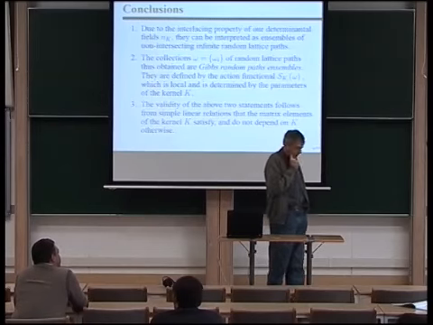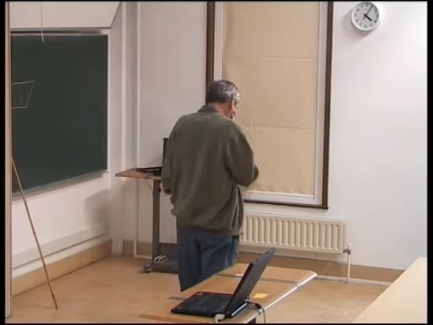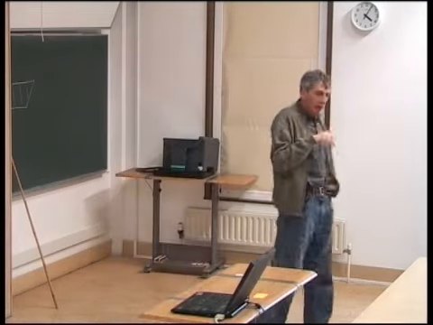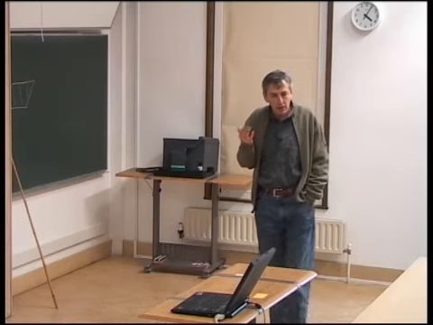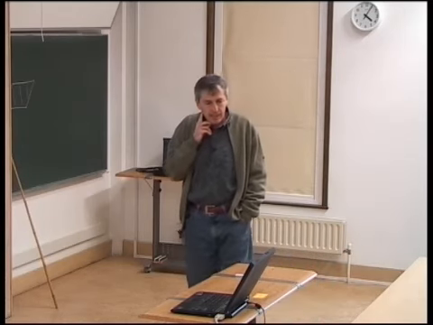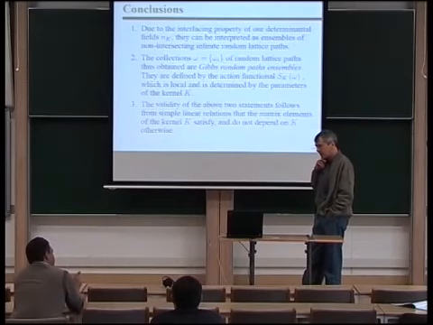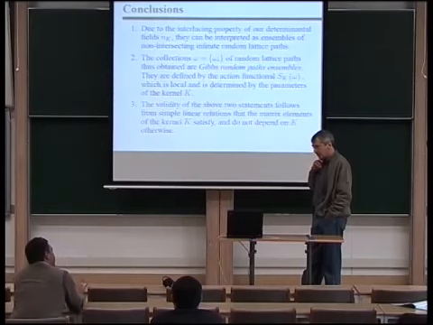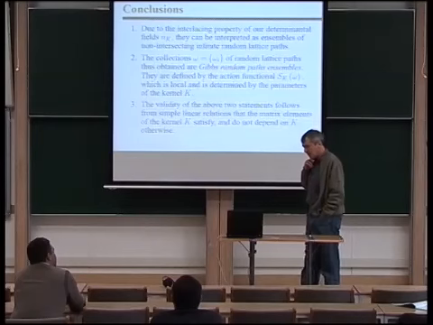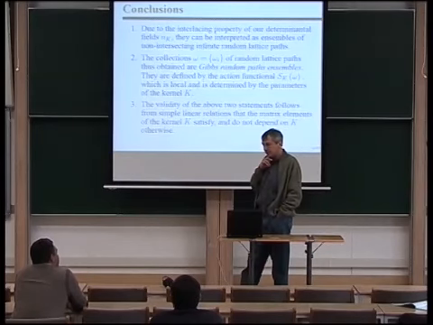Is it correct that the measures that you are getting in that way are Gibbs measures? Yes, that follows from what you said about the action being independent on a concatenation of two paths, and you get the Gibbs property as well.